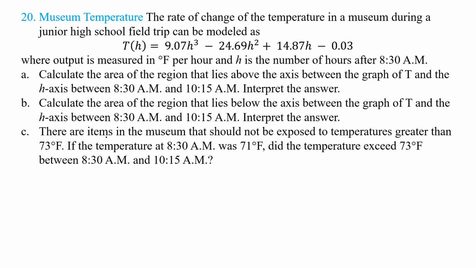And then there are items in the museum that should not be exposed to temperatures greater than 73 degrees Fahrenheit. If the temperature at 8:30 was 71 degrees Fahrenheit, did the temperature exceed 73 degrees Fahrenheit between those times?